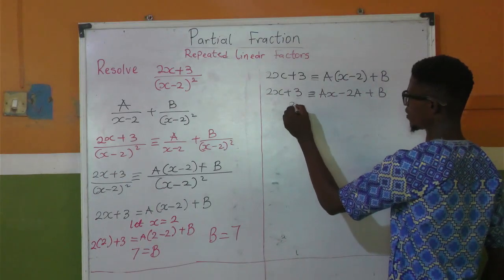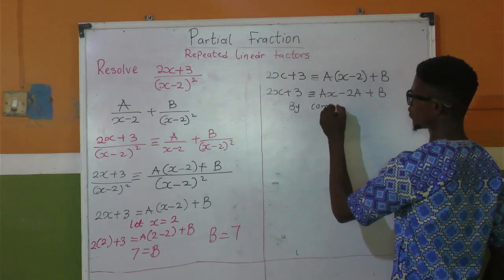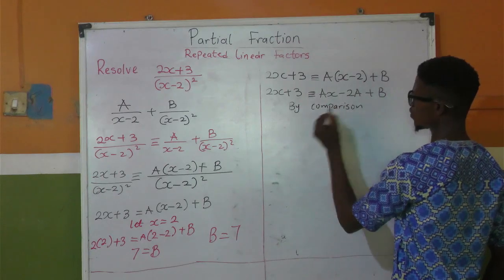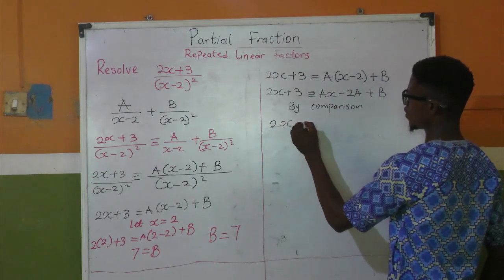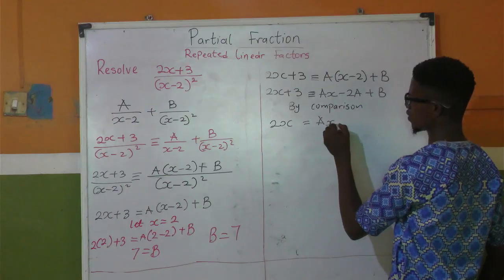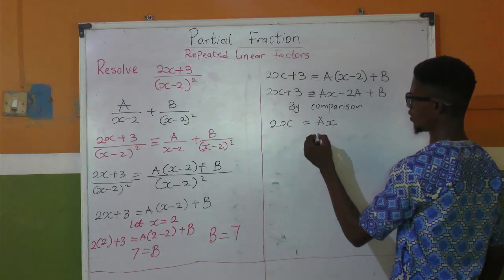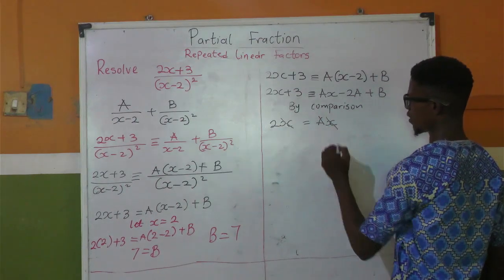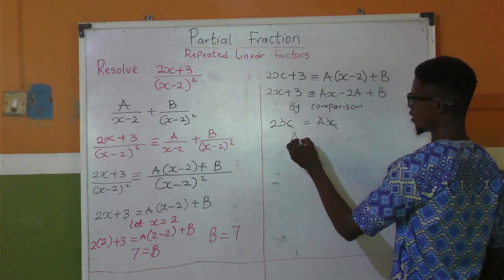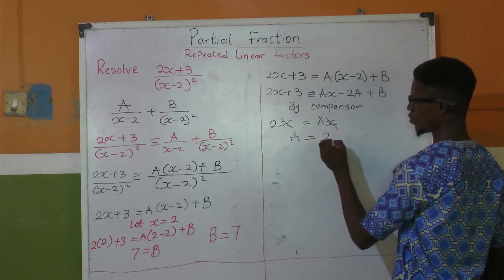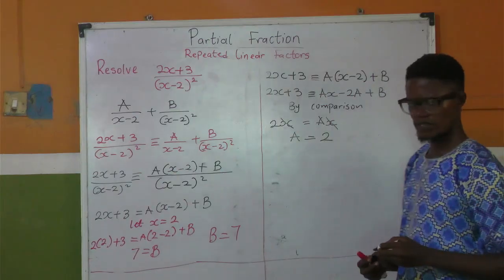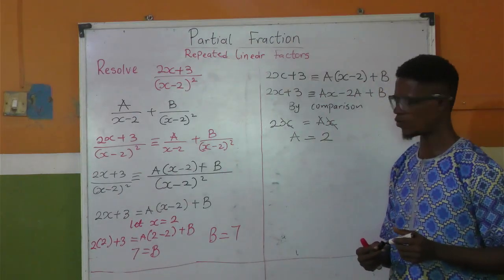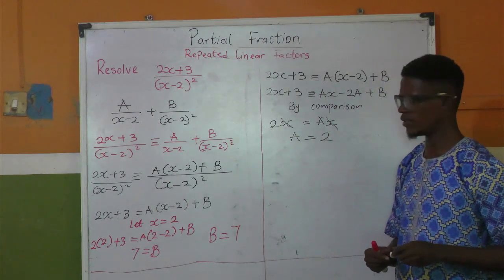By comparison, 2x equals ax. I can see that x is common to both sides, so I eliminate the x. Then a equals 2. You see how simple that is? So that's the way you can approach it.